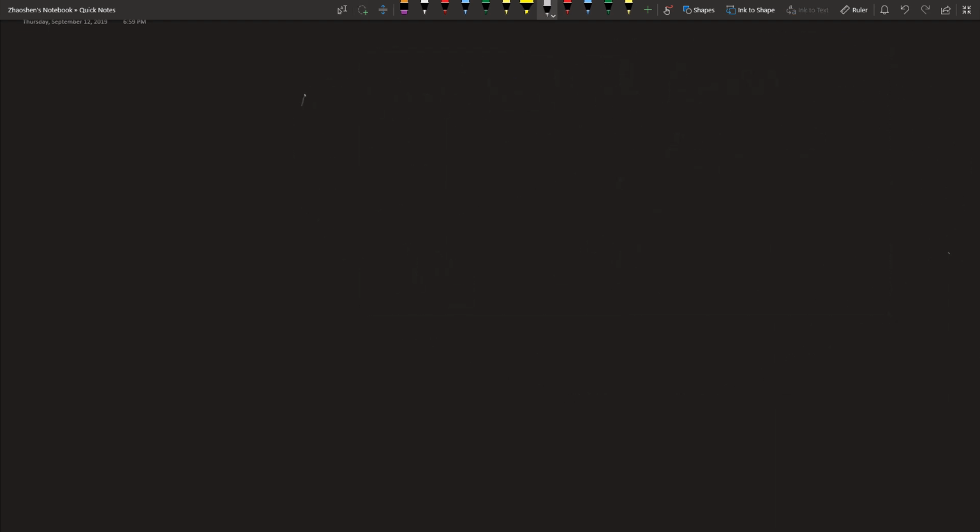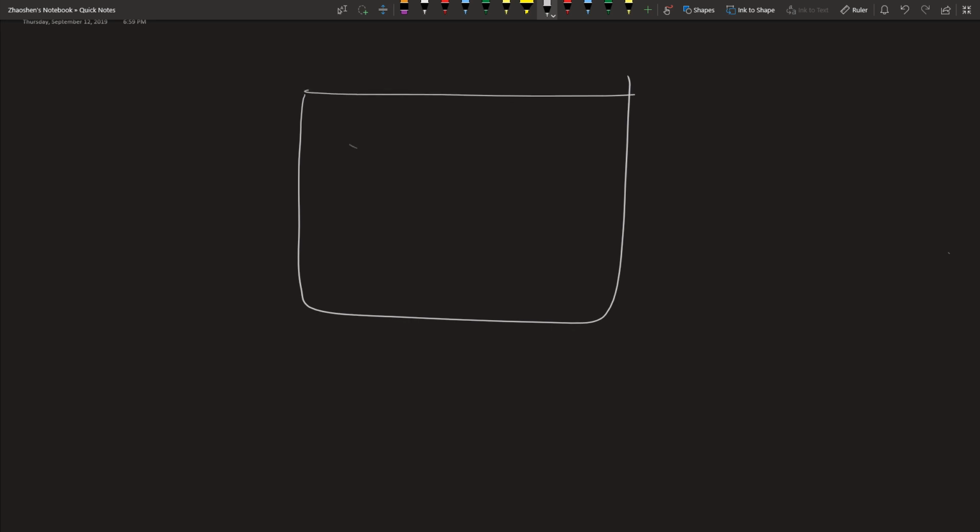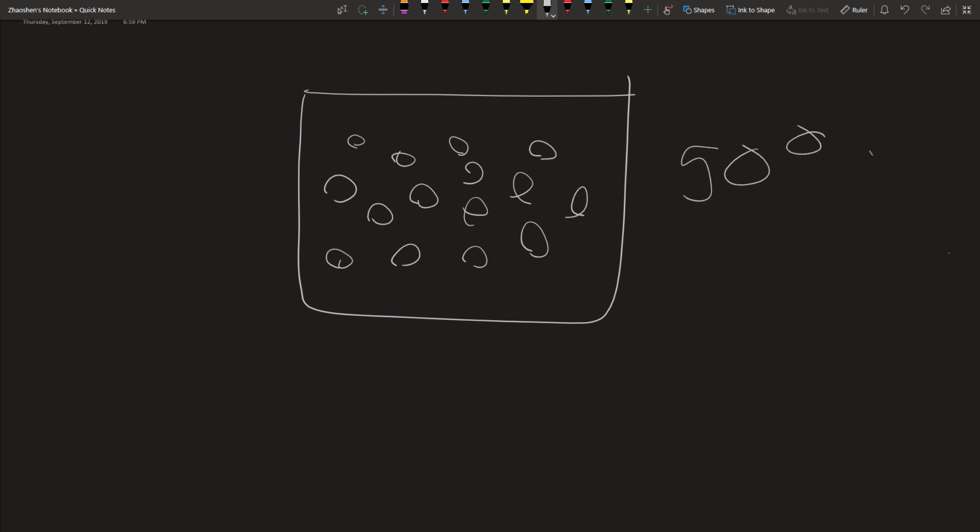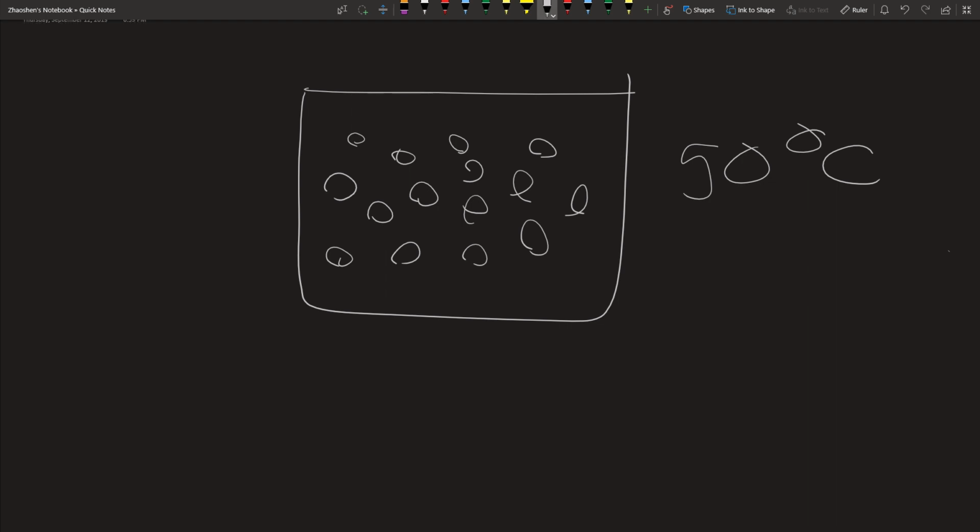Suppose we have a system, a container of gas particles, or liquid, or solid, or anything, but let's just use this as an example. We have particles in a system at, say, 50 degrees Celsius. Now, what happens if we add heat with a flame? I have this container of particles of some substance, and suppose I have a flame.